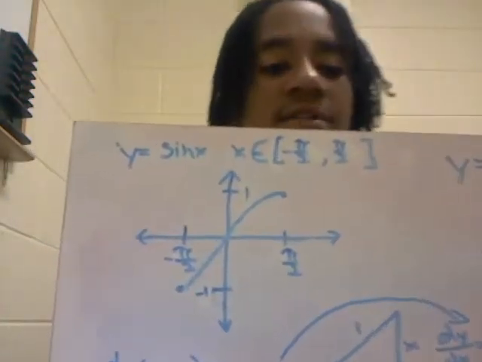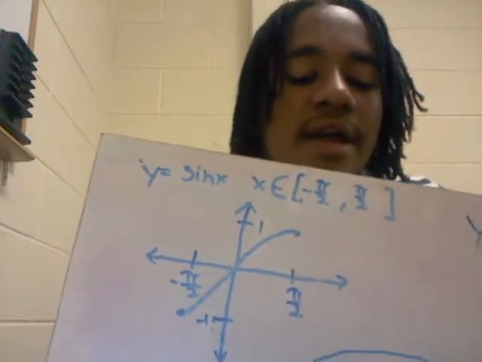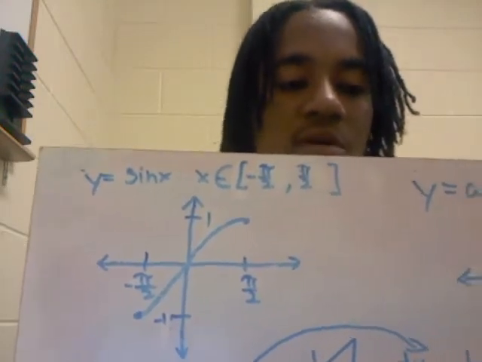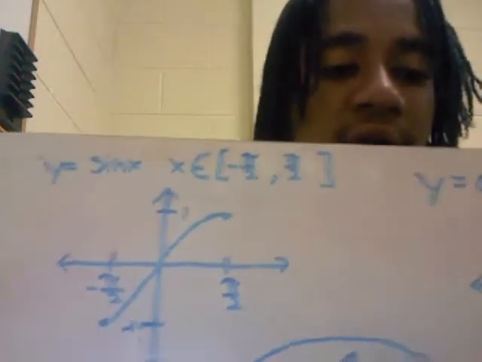Y equals sine of x, where x exists from negative pi over 2 to pi over 2, will go as shown.